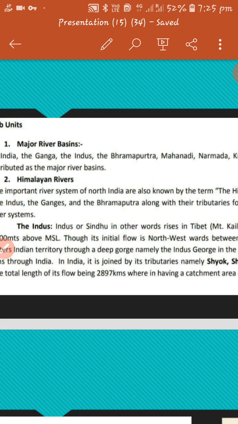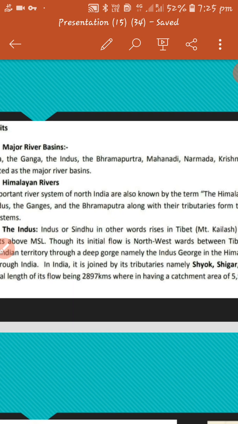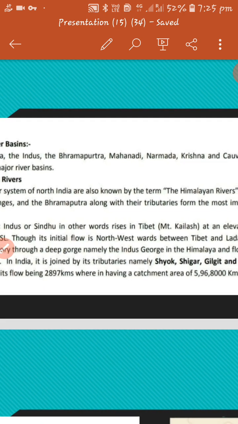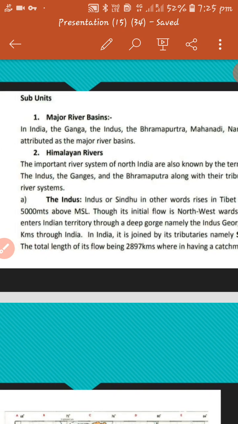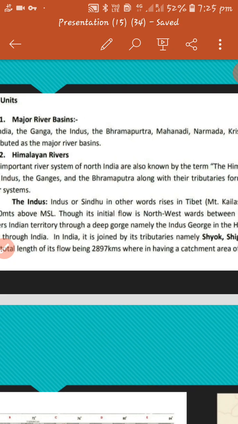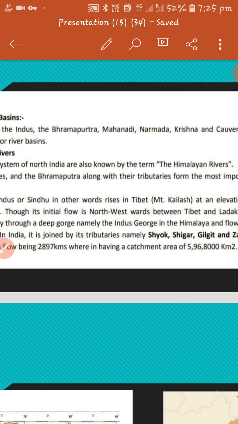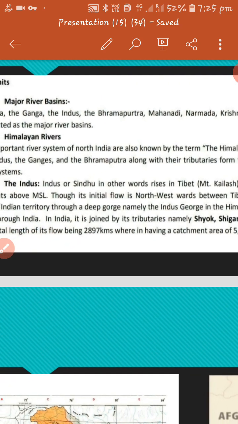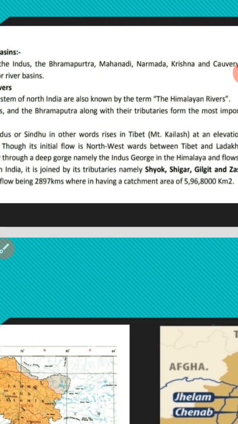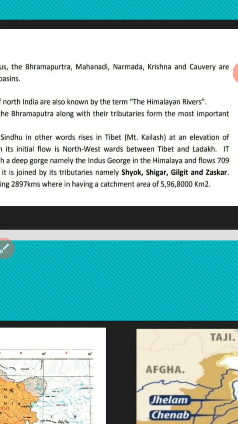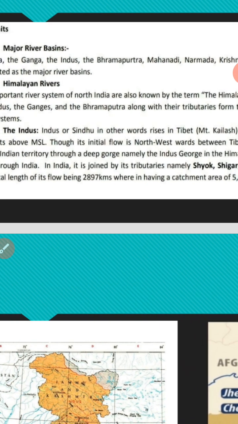Though its initial flow is northwestward between Tibet and Ladakh, it enters Indian territory through a deep gorge, namely the Indus Gorge in the Himalayas, and flows 709 km through India. It is joined by its tributaries, namely Shyok, Shigar, Gilgit, and Zaskar.